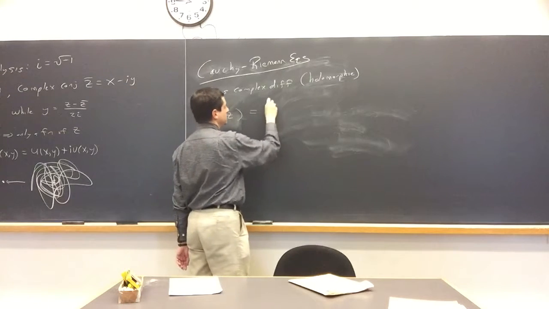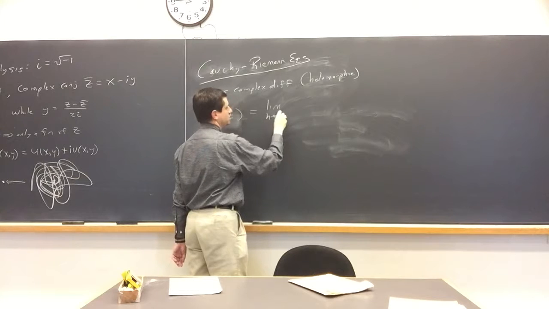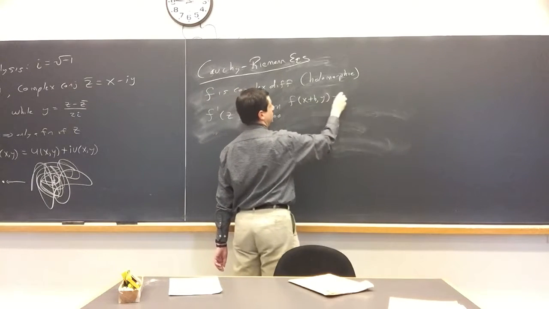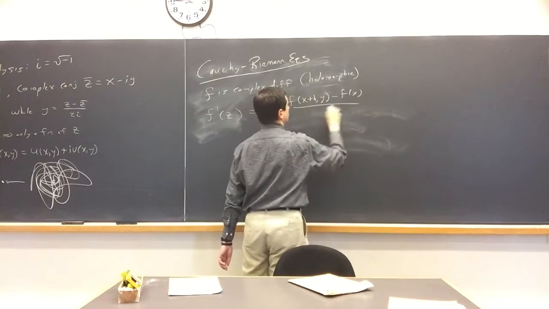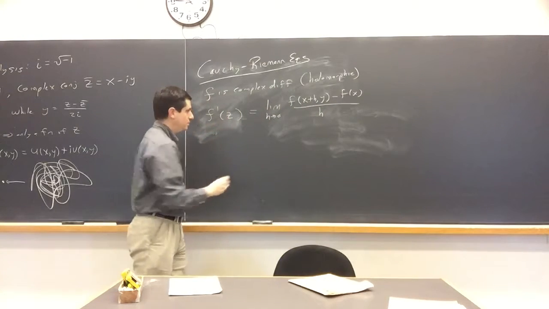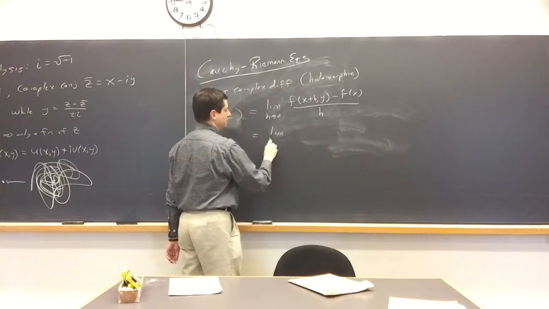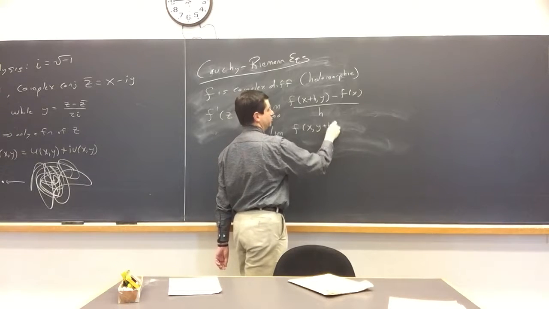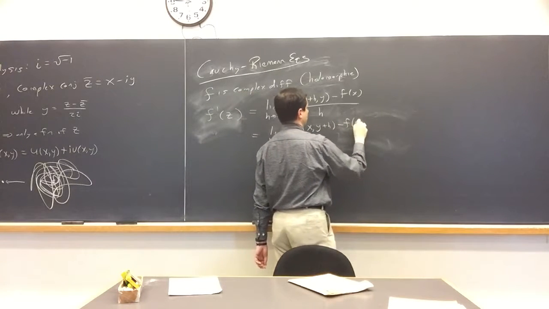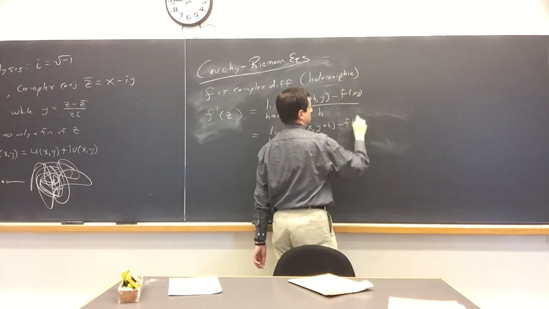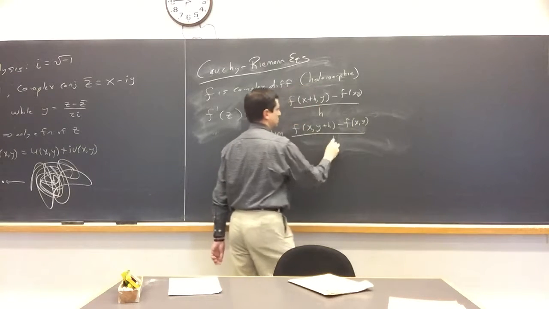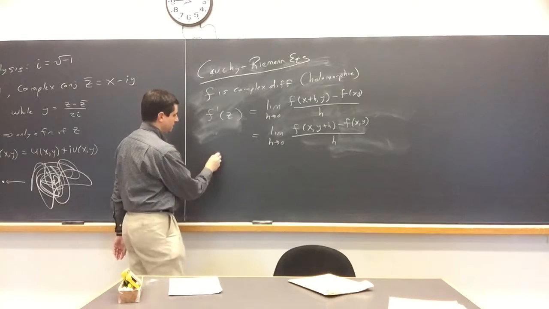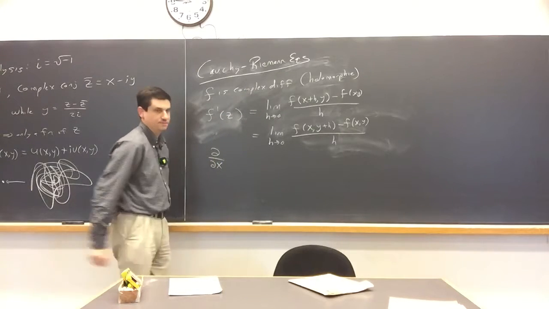So what I could do is take the limit as h goes to 0 of f of x plus h, y minus f of x, y over h. I could also take the limit as h goes to 0 of f of x, y plus h minus f of x, y over h. So really, one of them is essentially like applying d by dx.